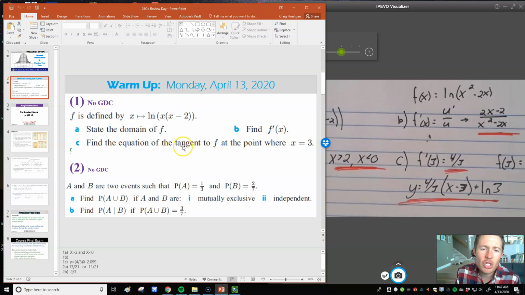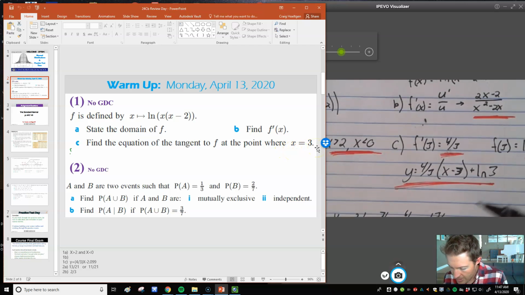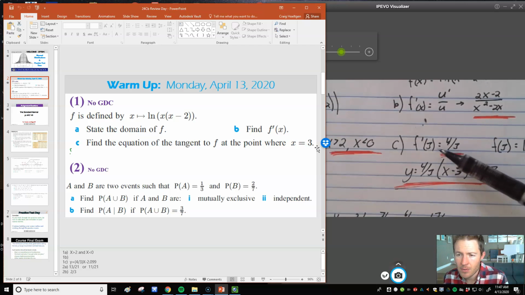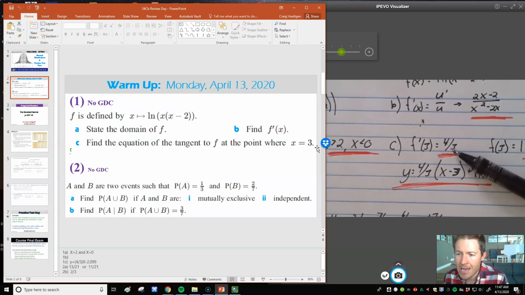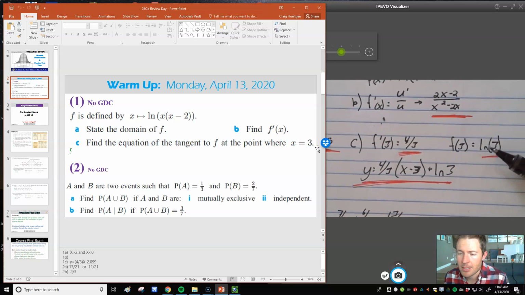C, find the equation of the tangent line to f at the point where x is equal to 3. Okay, so remember, for these ones, we need to know what is our slope at 3. The slope function evaluated at 3. You plug that in, and I think you get 4/3. And then we need the point. So if you plug 3 into the original equation, you get this. So now we have a slope, and you have a point.